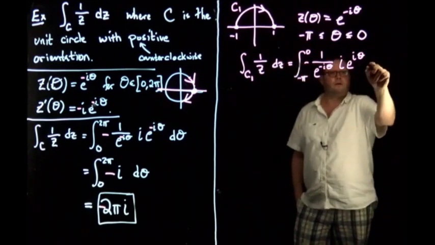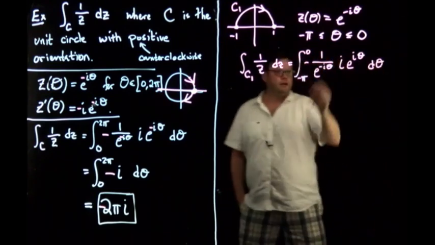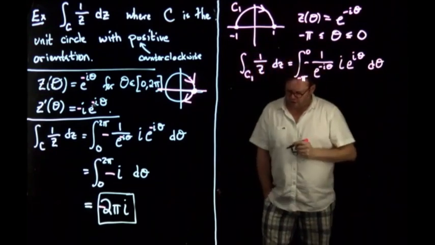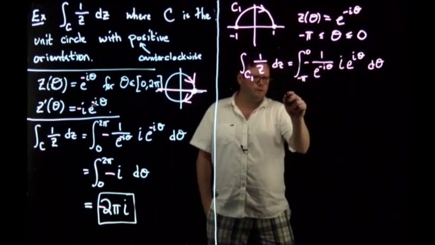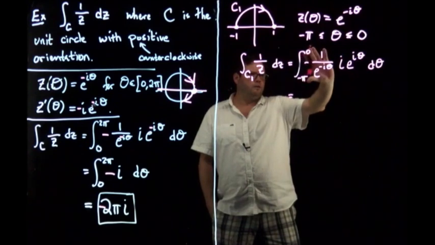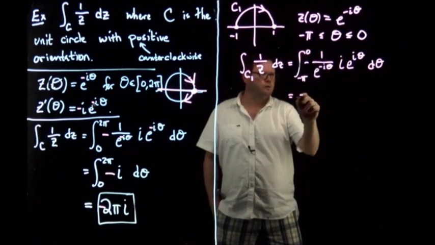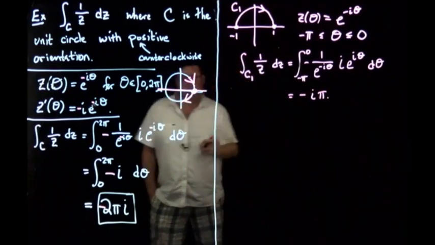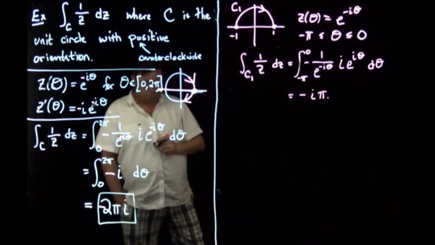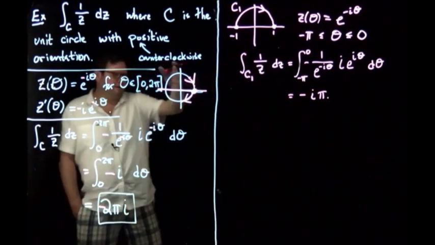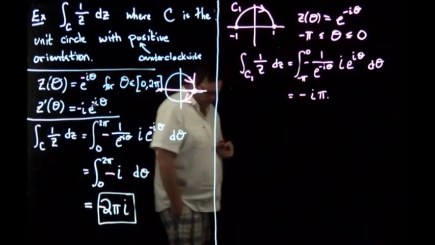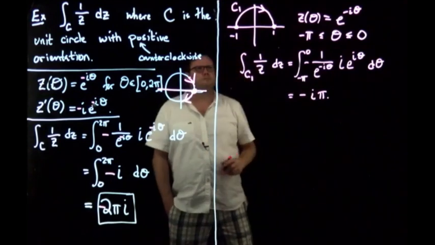Everything cancels except for a minus i. And then we're integrating from minus pi to 0. That is a range of pi. So we get minus i pi. There's no reason why it should be exactly half of what we've noted, at least, but it is.